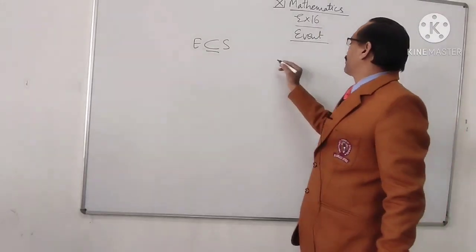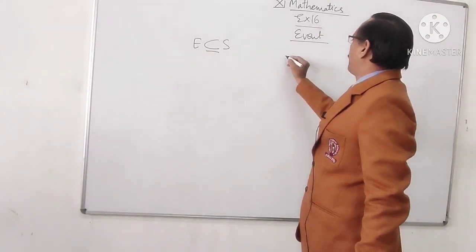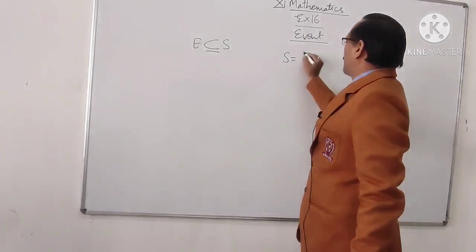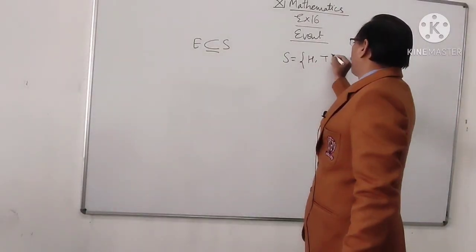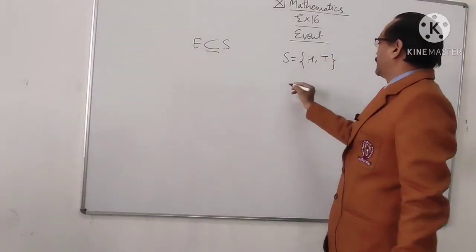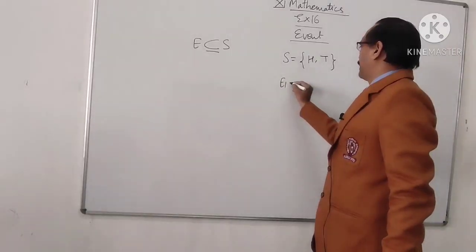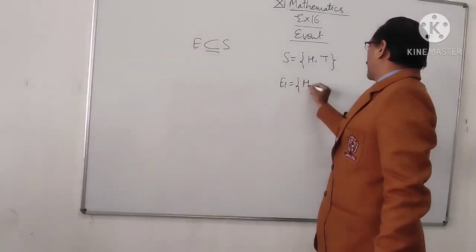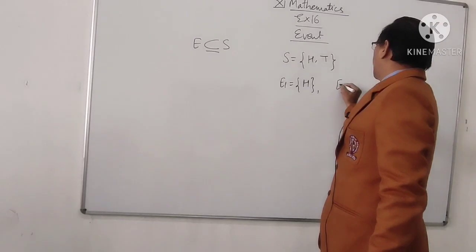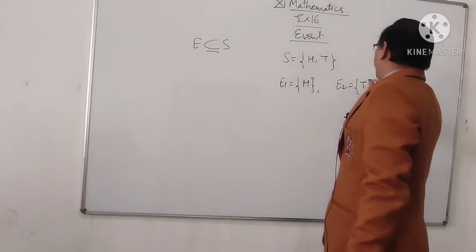If we toss a coin, then in a single toss the sample space is head comma tail. Then coming head is event E1, E1 is H, and E2 is coming tail.